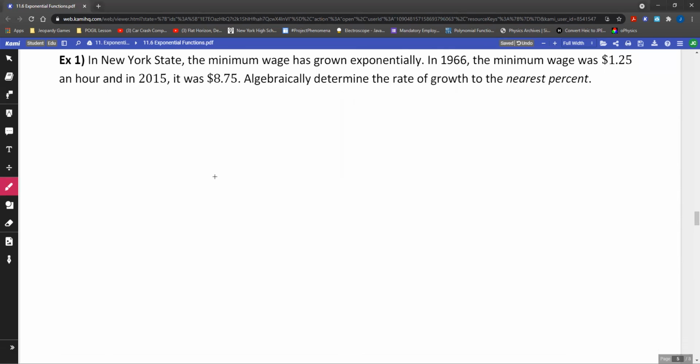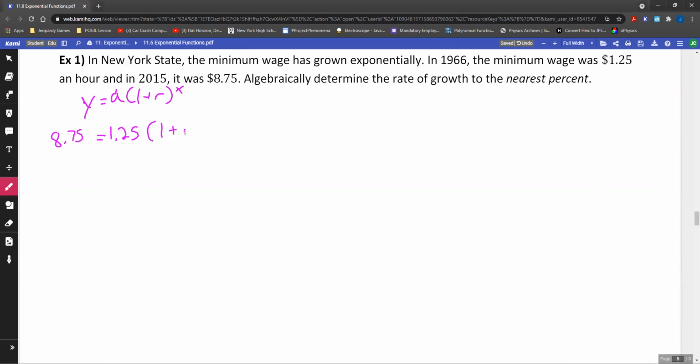All right, so here, another money thing. So they want us to figure out the rate of growth, the nearest percent. So let's see, it says that it's exponential growth. So we're going to use this form. It was originally 1.25, but is now 8.75.